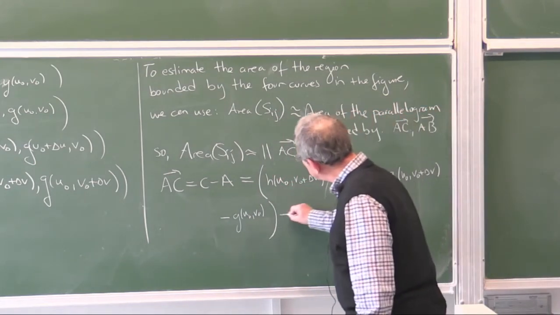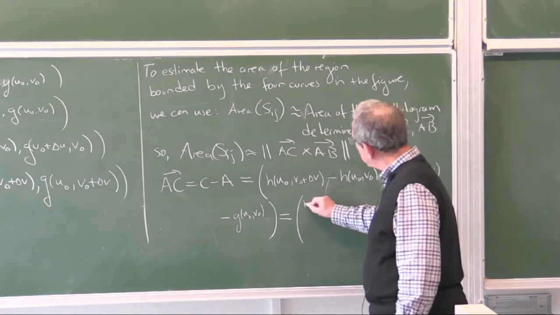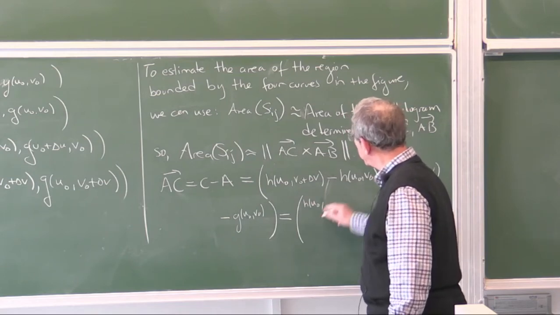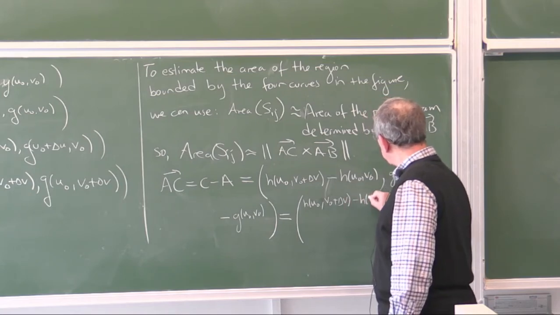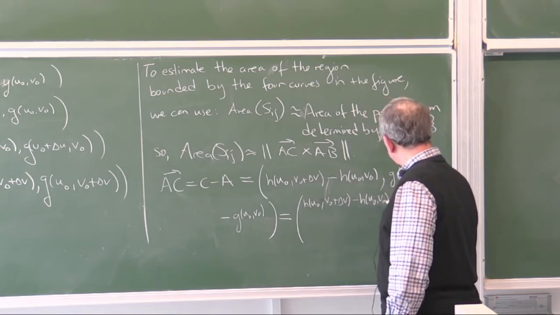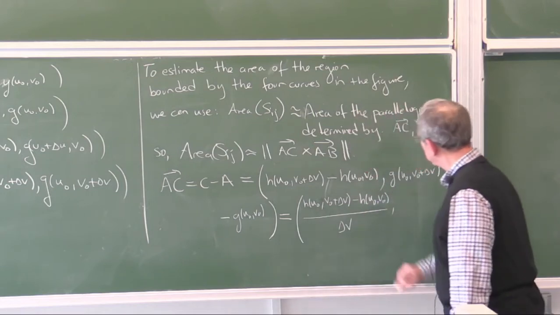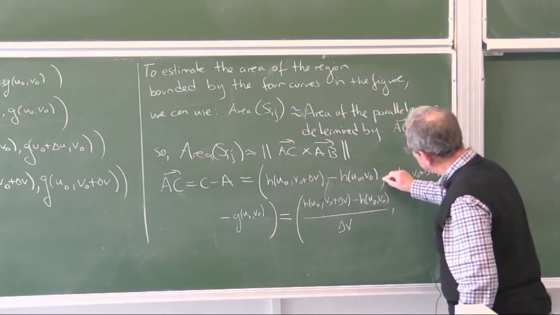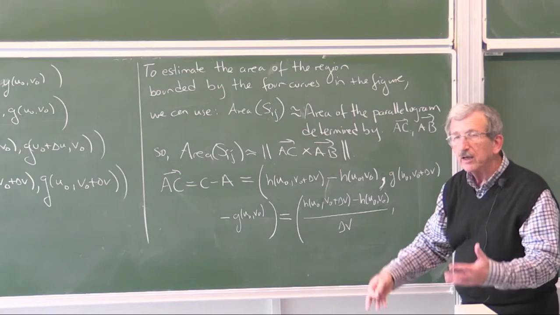Well, I can write it as follows. This is h(u0, v0 plus delta v) minus h(u0, v0). Let me divide this by delta v. I'm dividing the whole vector, of course, by delta v, and then I will multiply by delta v.